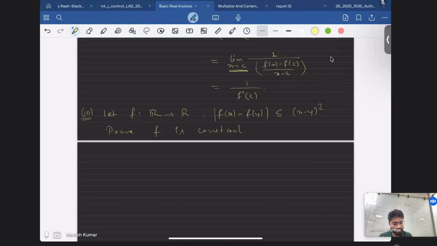So f of x minus f of y upon x minus y is nothing but modulus of x minus y. Whether it is x minus y whole square or modulus of x minus y whole square, it doesn't matter, this is the same thing, right? Yes, sir, this is the same thing. Now just the sandwich theorem gives it.